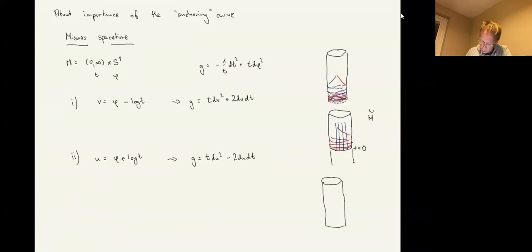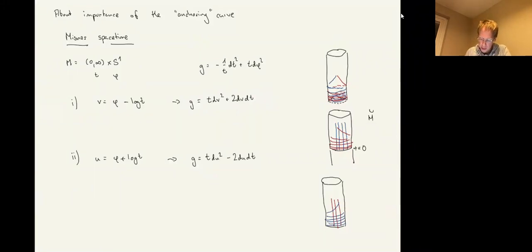Now I've straightened out the right-going ones, and the left-going ones wrap around infinitely often and asymptote towards the hypersurface t equals 0. So this is an example. Note that both of the extensions which we have constructed are analytic.